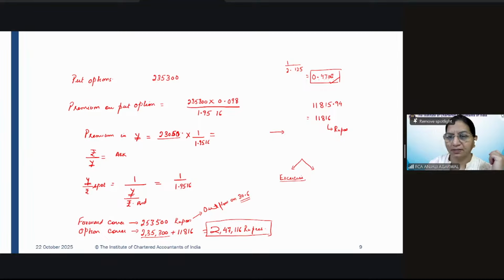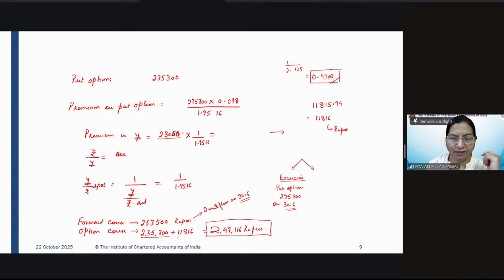So when you are exercising the put option, you are actually selling rupees and you are getting yens. You have to pay 235,300 on 30th June when you have these options.